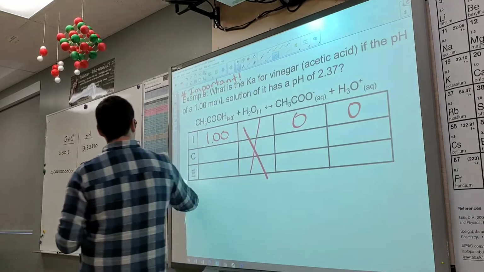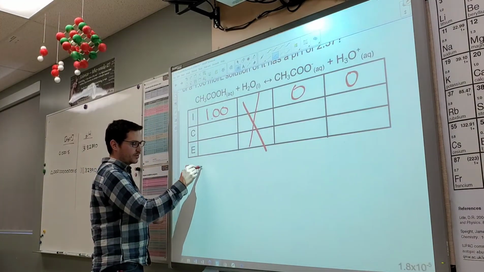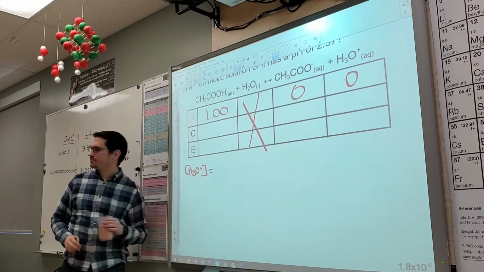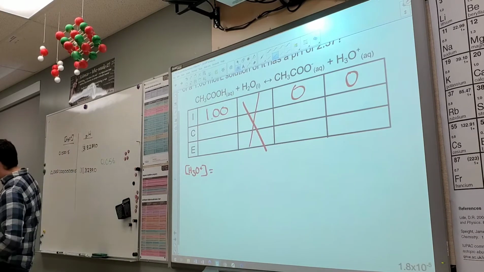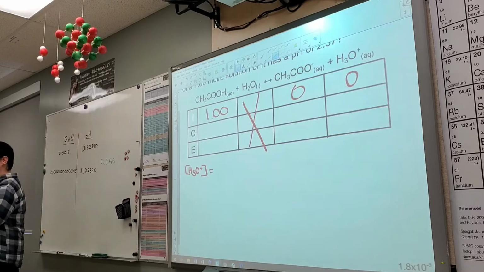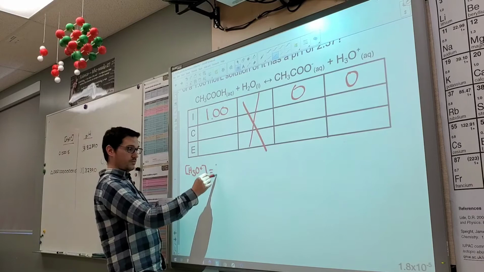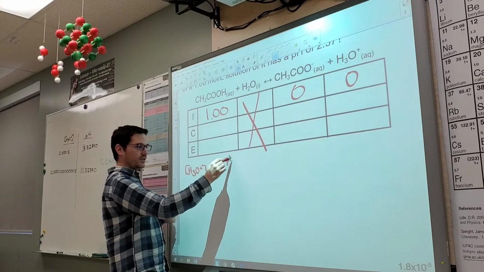So let's calculate the hydronium concentration from the pH. Does anybody remember the formula for hydronium? Yes, it's 10 to the negative pH. Good.